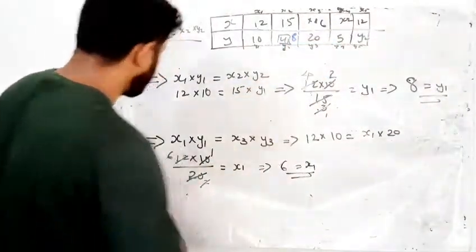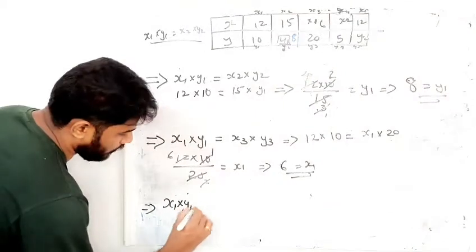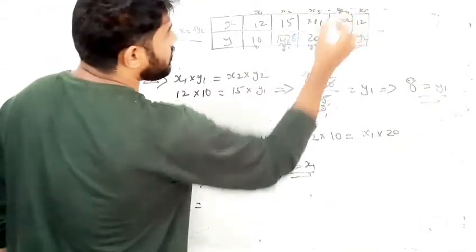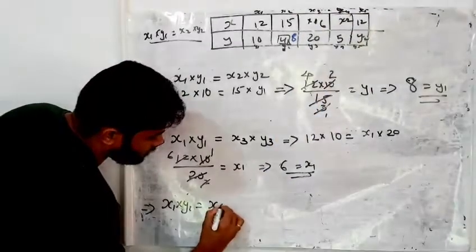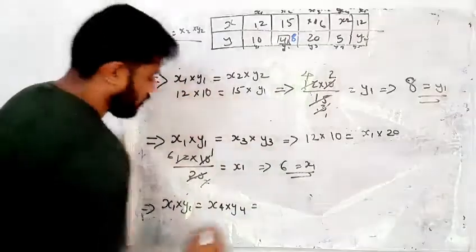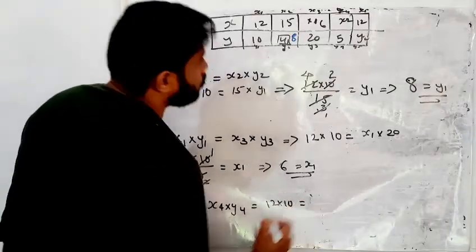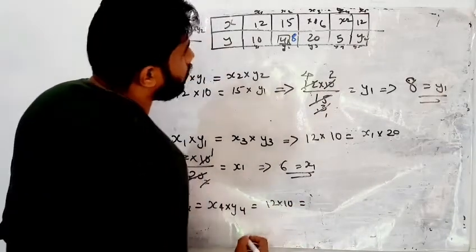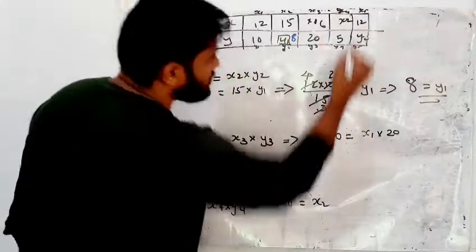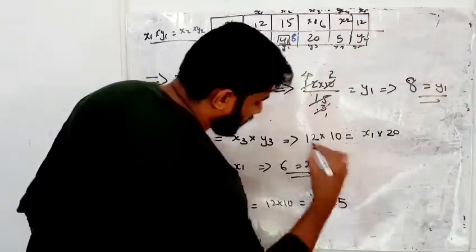Now x2. How can we find it? You know the equation x1 into y1 is equal to x4 into y4. So we can give the values here. x1 into y1, 12 into 10, is equal to x4, which we don't know, that means x2, into y4, which is 5. Clear?